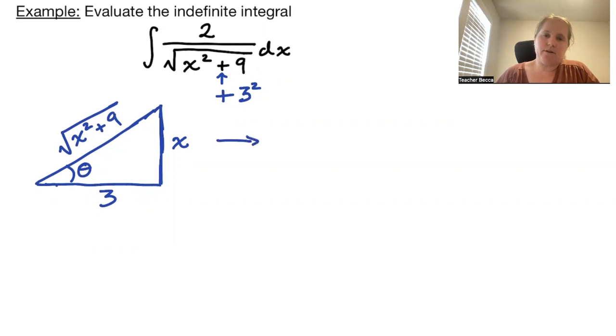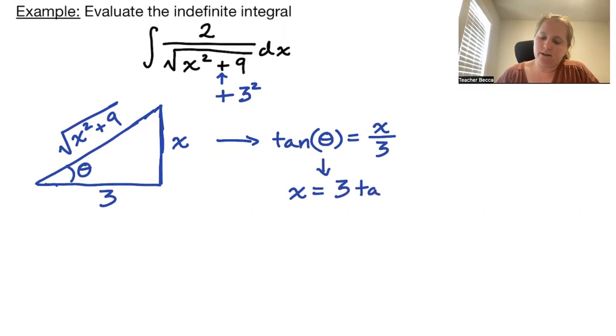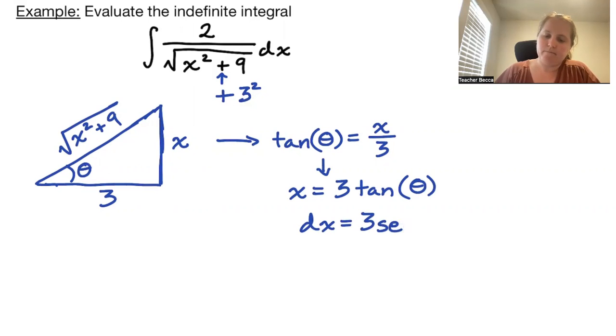So our relationship involving x and the 3 is the fact that tangent of theta is equal to x over 3. That gives us that x is 3 tangent of theta. And of course, dx is 3 secant squared theta d theta.